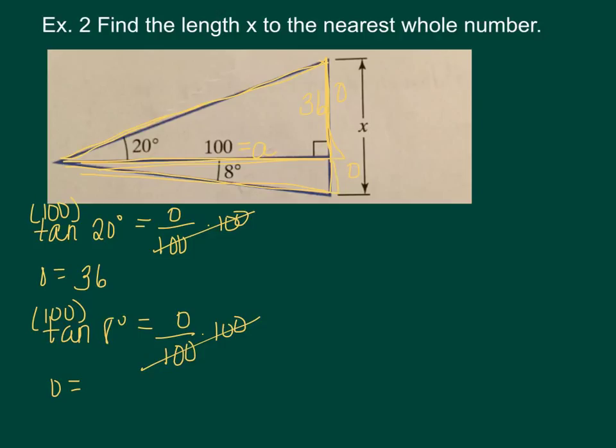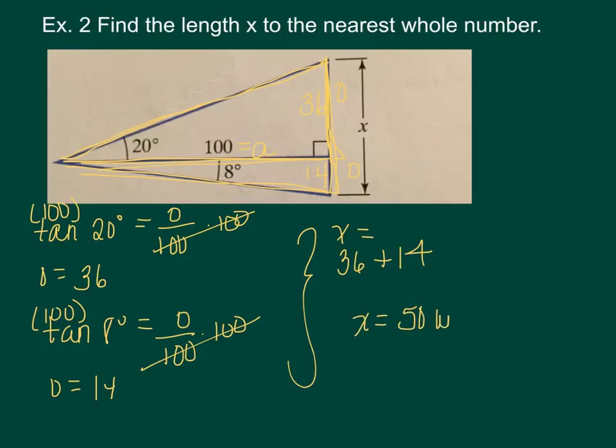And now I'm going to get 14. So since they want this entire length, we have to take 36 plus 14 to find x, which means x is 50 units.